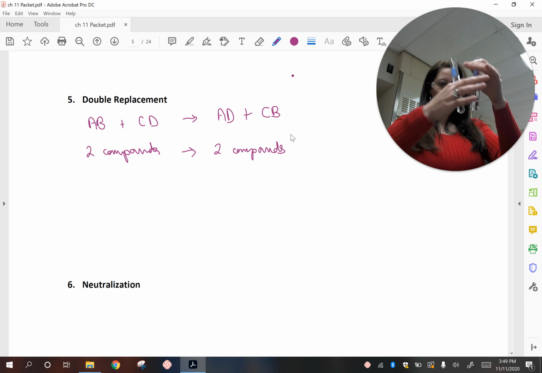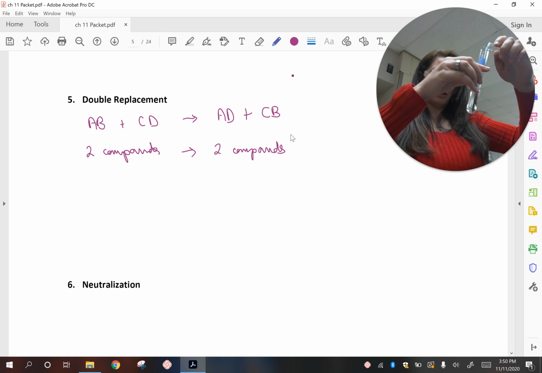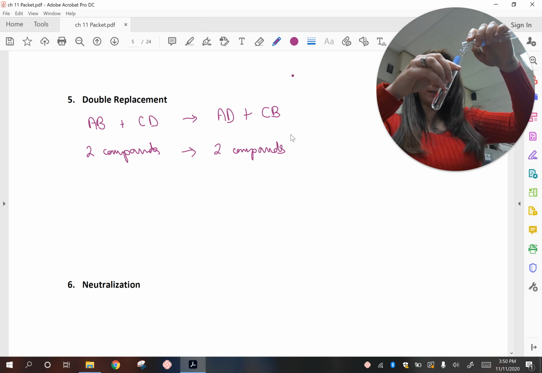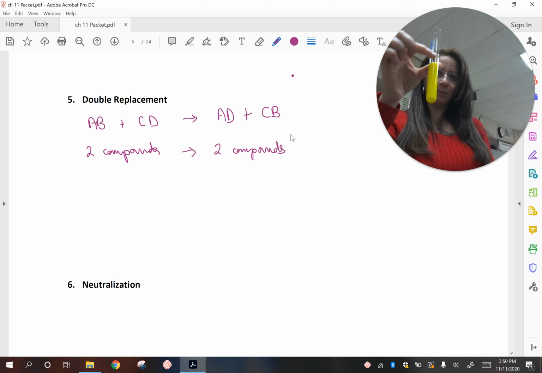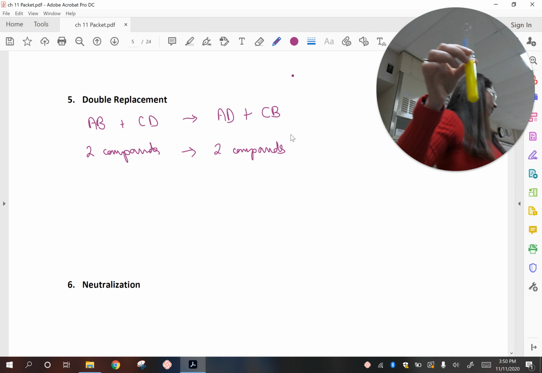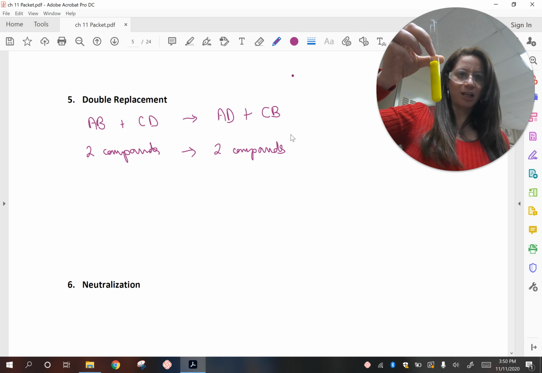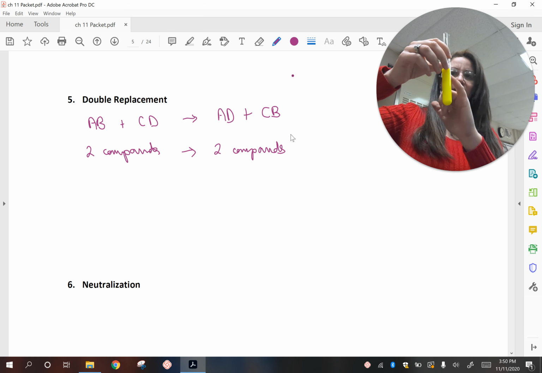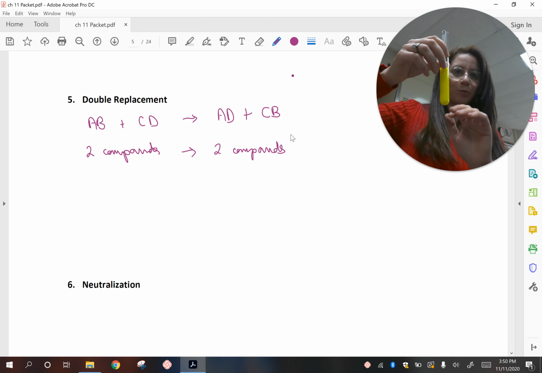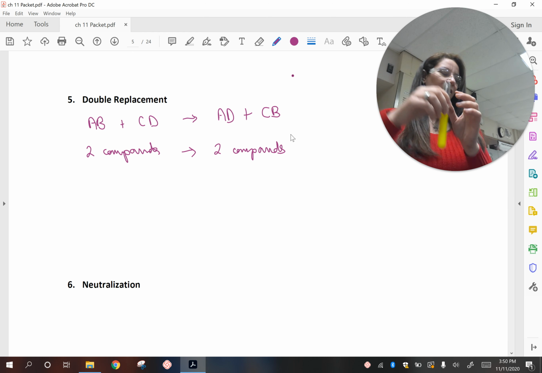So they're both clear, colorless solutions. I add them together. Remember this demo? And you get something that looks like a thick yellow liquid, but it's actually a yellow solid, and it's going to precipitate after a while.